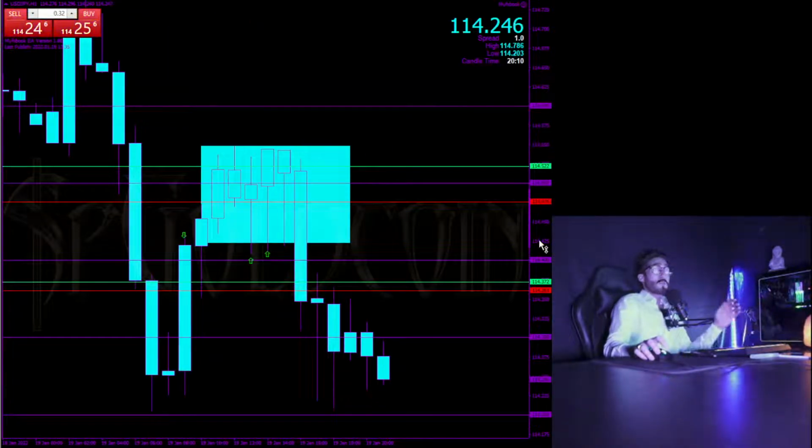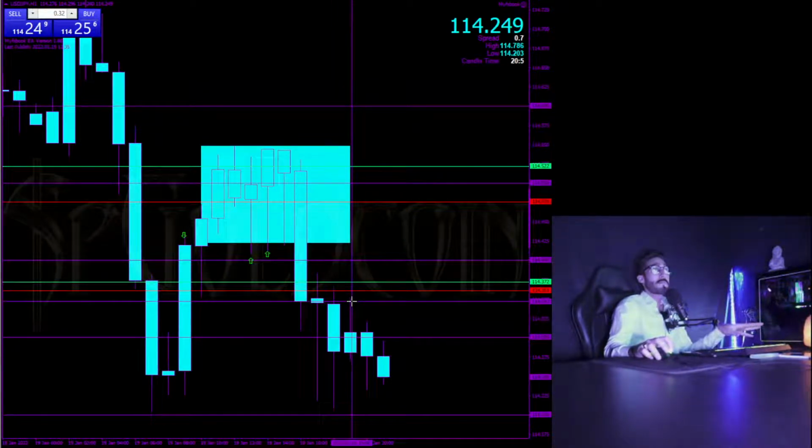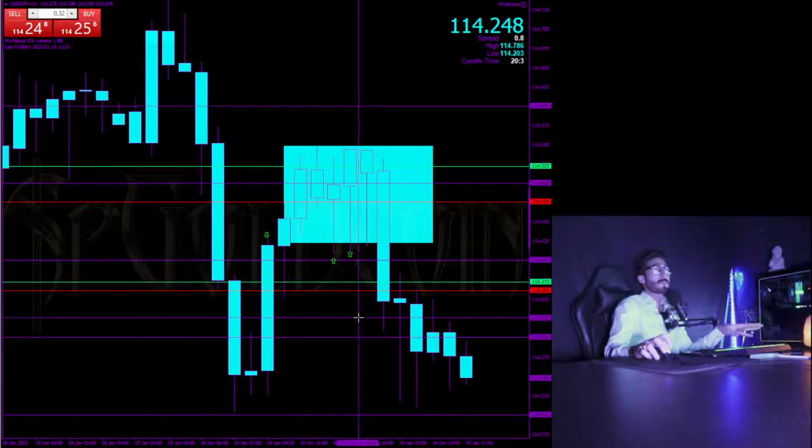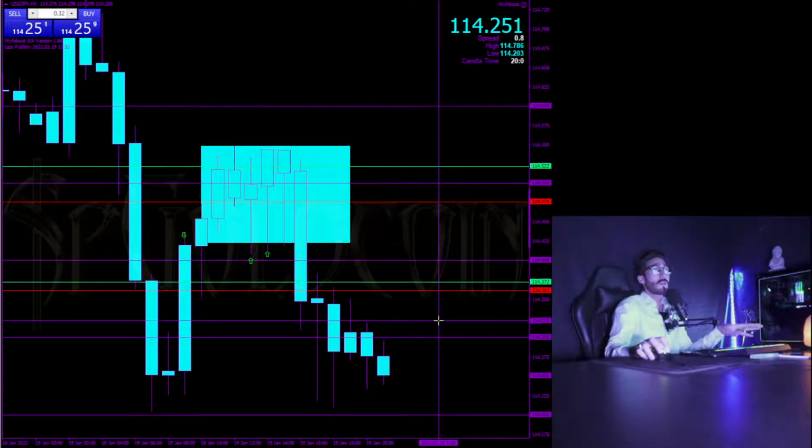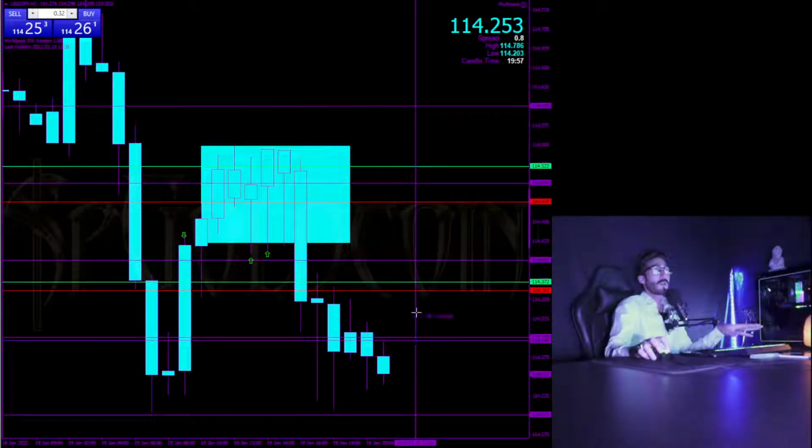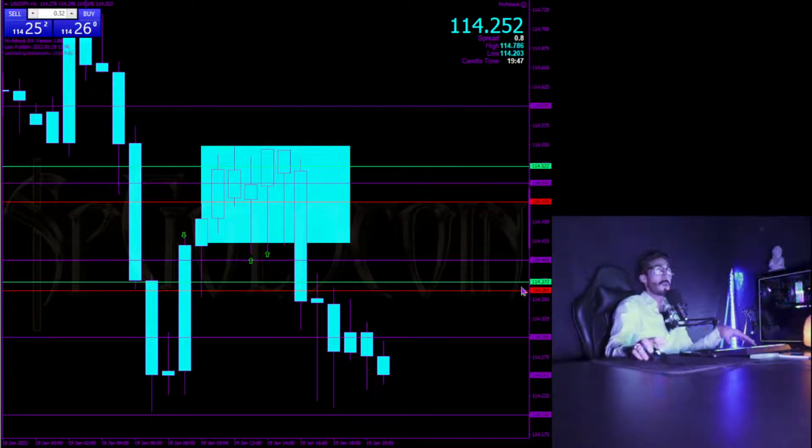So, spread prices are very, very important. You can see the price always came back. We had 10 pips away. We had 40 pips away. 60 pips. So the spread prices always came back to where I had my stop loss, 114.361.